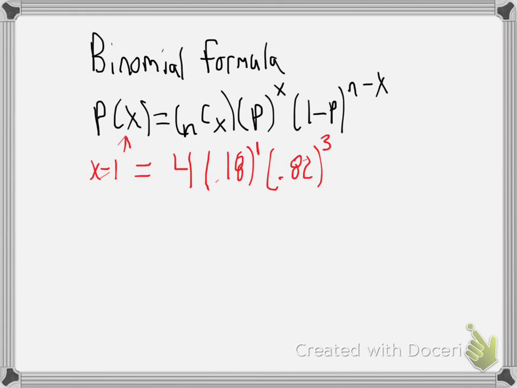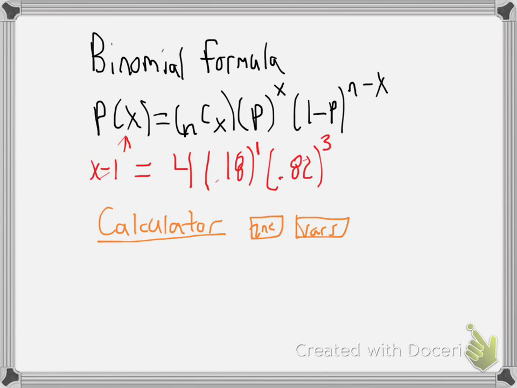The way to do this formula in the calculator, and this is what we're primarily going to be doing. So this is where you need to pay attention, calculator. All right. To find this function, we do second, and then the vars button. The vars button is near the arrow keys, the up, right, left, down arrow keys.